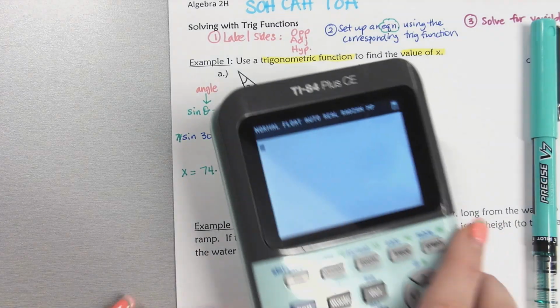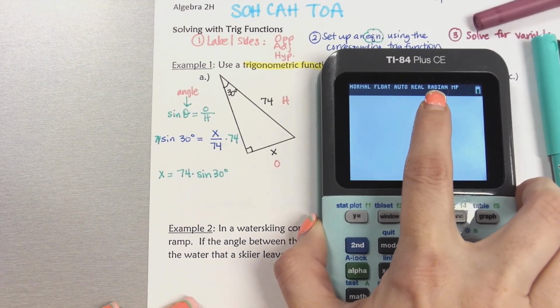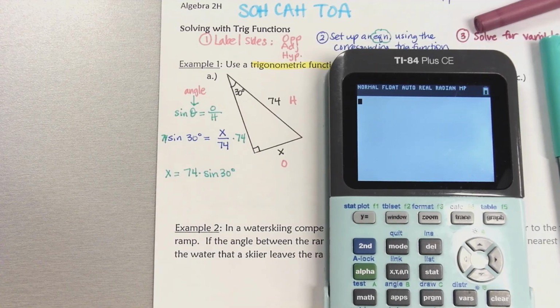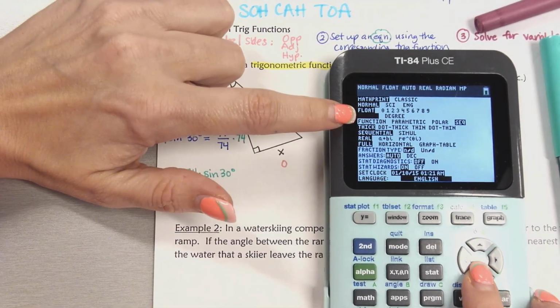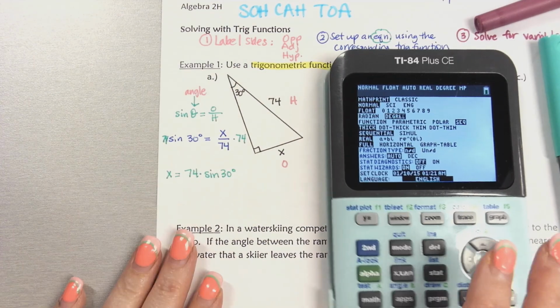If you have a calculator like mine, it tells you here if it's radians or degrees. Because we're inputting degrees, we need to be in degree mode. So we're going to go to mode. If you go down here, you can see it's blinking on the radian. Go ahead and select degree.